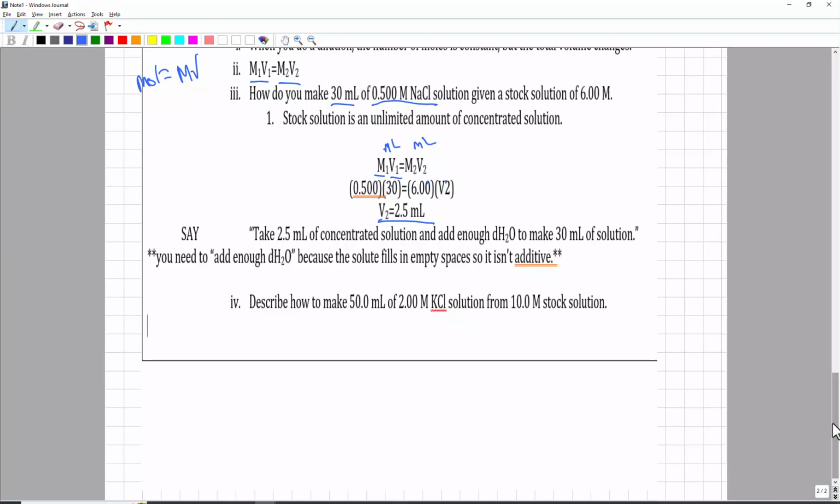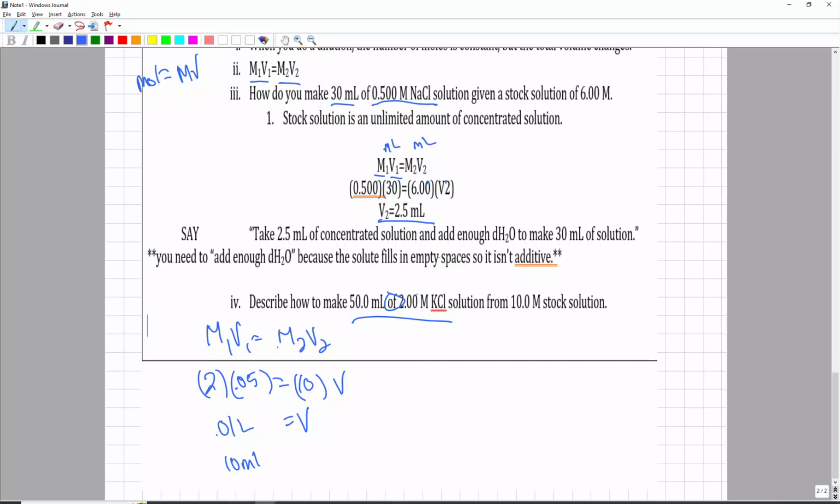So let's do this. M1V1 equals M2V2. Describe how to make 50 milliliters of a 2 molar KCl solution from a 10 molar stock solution. These are going to go together. KCl is 2. Volume is 0.05. I always like to use liters. 10 and get V. So 2 times 0.05 divided by 10 is 0.01 liters, or 10 milliliters.